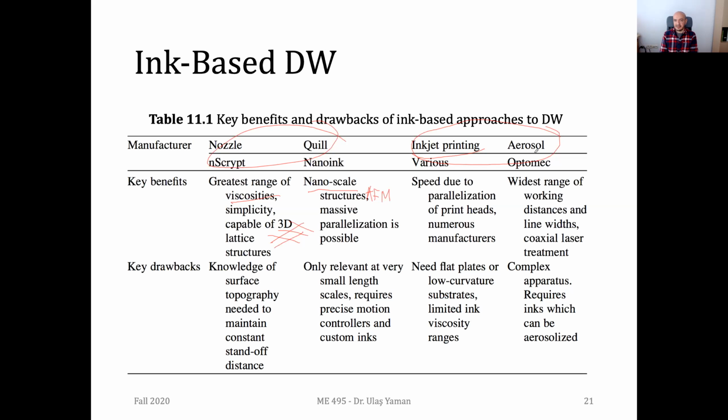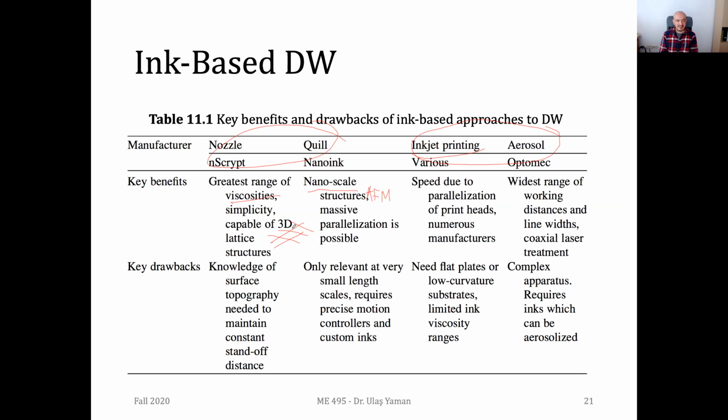On the other hand, for aerosol spray type ink-based direct write technologies, you can have high working distances, which is not possible in the other three. This is the main advantage we can say.